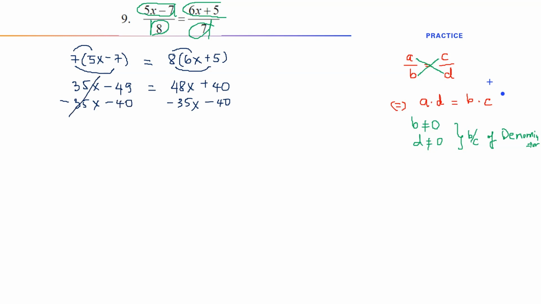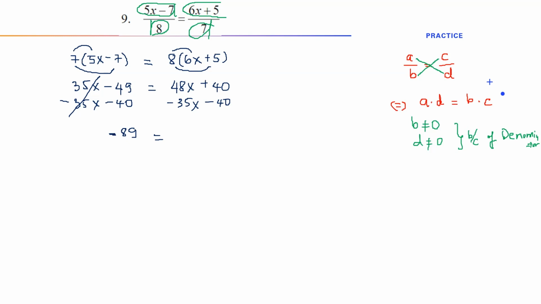On this side, 35x subtract 35x is 0. Negative 49 minus 40 is the big negative, right? So 4 plus 4 is 8. 9 plus 0, 89.